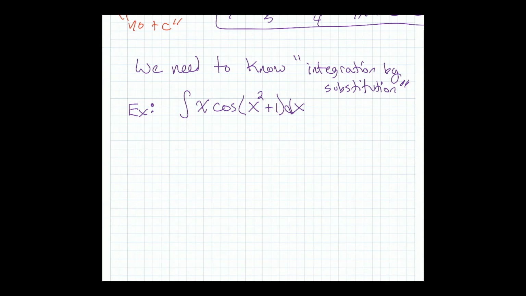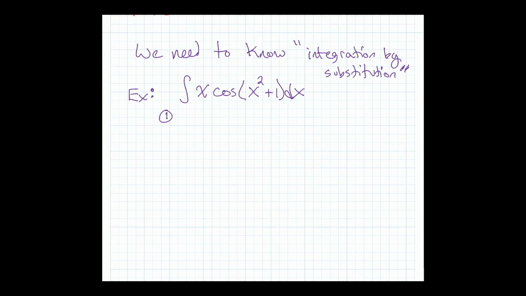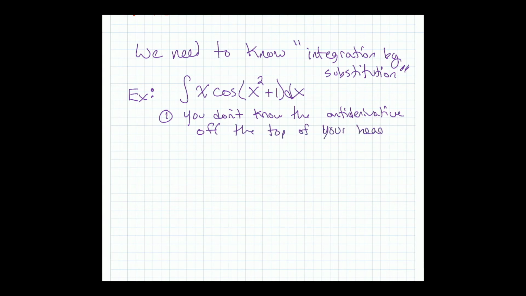Okay, so what you're supposed to notice about this is, number one, you don't know the antiderivative off the top of your head. You need to recognize that. It's not a super easy look-at-it-and-know-the-answer problem.